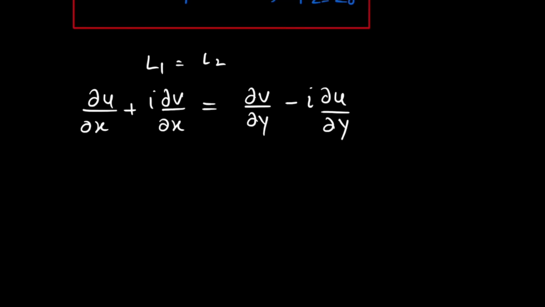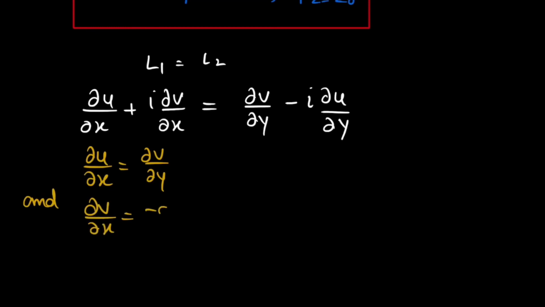Okay, now comparing real and imaginary parts, we have del u over del x equals del v over del y, and del v over del x equals minus del u over del y. Okay, so these are the required Cauchy Riemann equations.